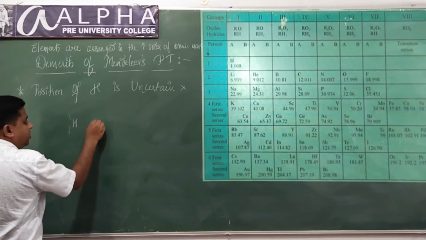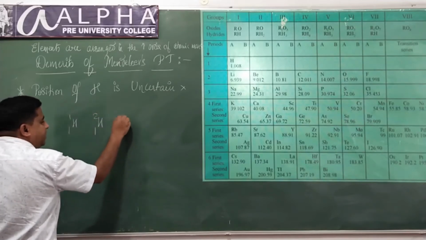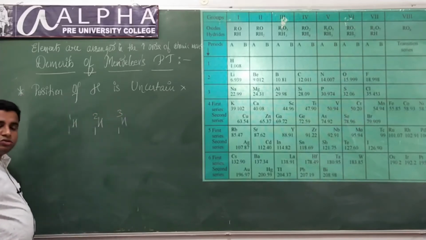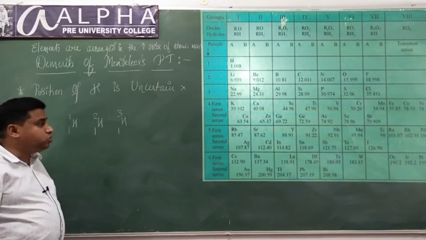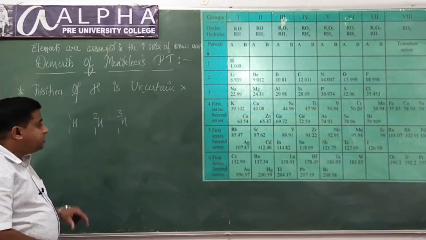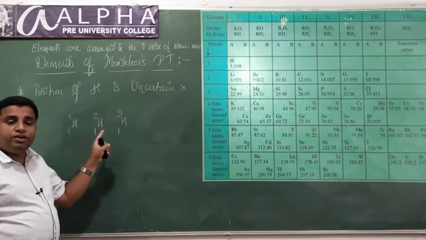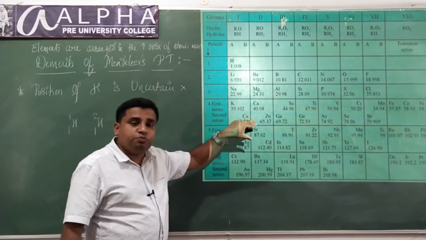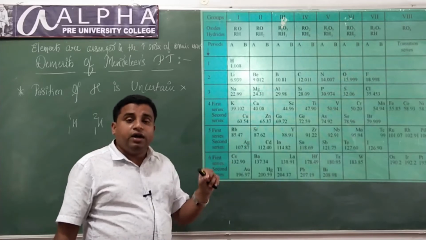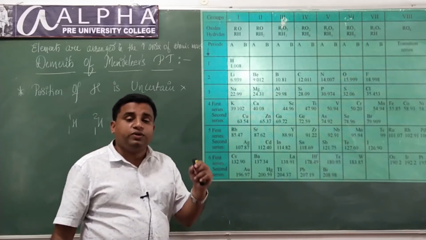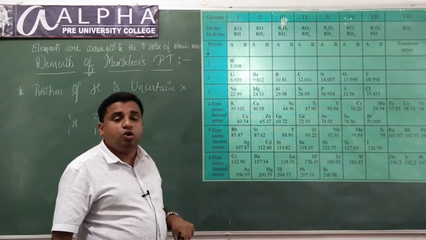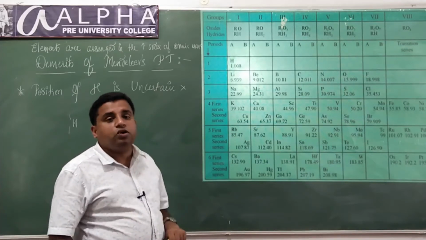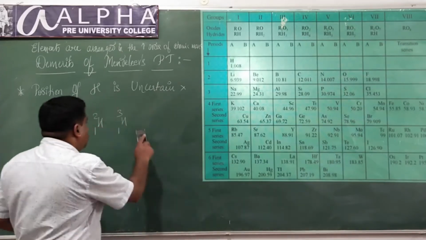Protium, deuterium and tritium. Atomic mass of protium is 1, deuterium is 2, tritium is 3. So if different isotopes have different atomic masses, then they would also have been placed in Mendeleev's periodic table. But Mendeleev did not place any isotopes in his periodic table. That is also one of the demerits.